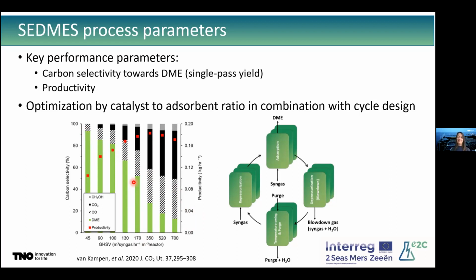So having several reactors working simultaneously, and for how long and how will the regeneration take place, more this type of process optimization we're also working on, and we refer to a cycle design in that sense. And we're doing this both experimentally developing the process, but also my colleagues are doing a lot of simulation and modeling work on this.